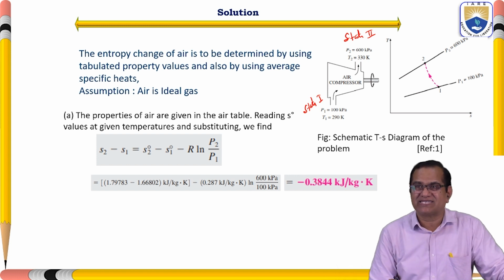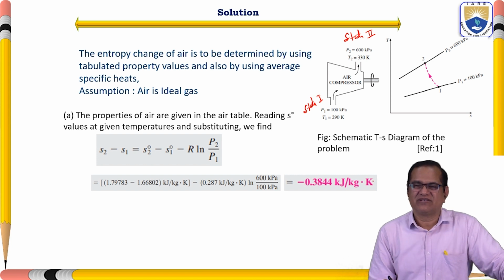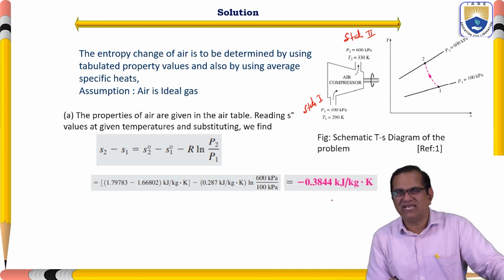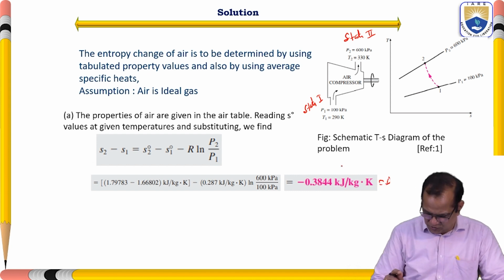You will get minus 0.3844 kilojoule per kg Kelvin. So this you got, the change in entropy, that is delta s, minus 0.3844 kilojoule per kg Kelvin.